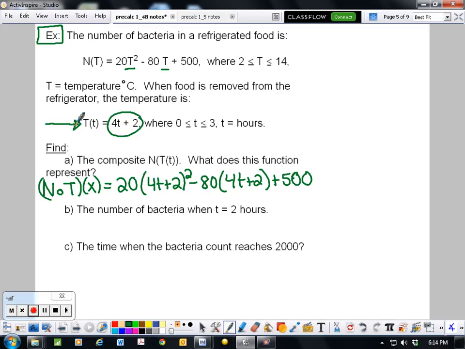And now I'm going to plug that into here to calculate the bacteria in food. So what I'm trying to do is calculate bacteria in food after it has come out of the fridge.